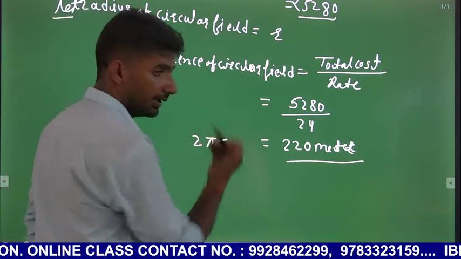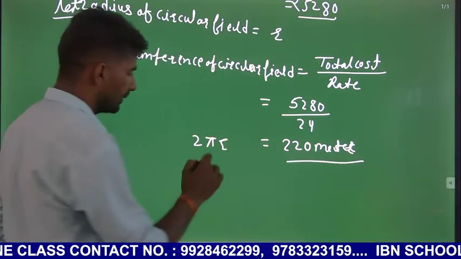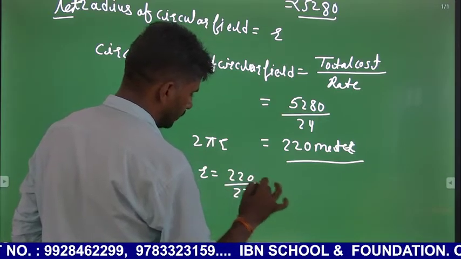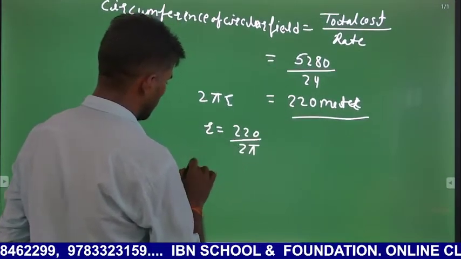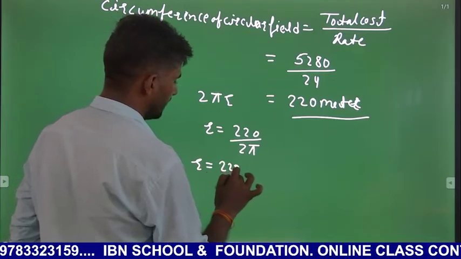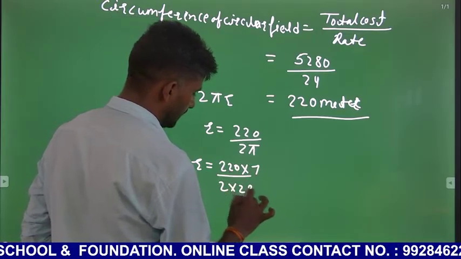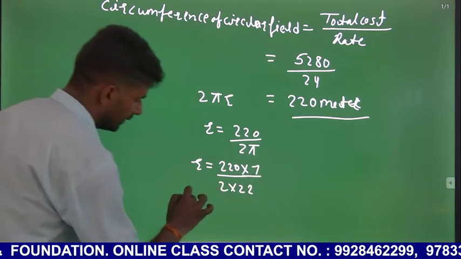So we find r is equal to 220 upon 2 pi. r is equal to 220 multiply 7 upon 22 multiply 2.